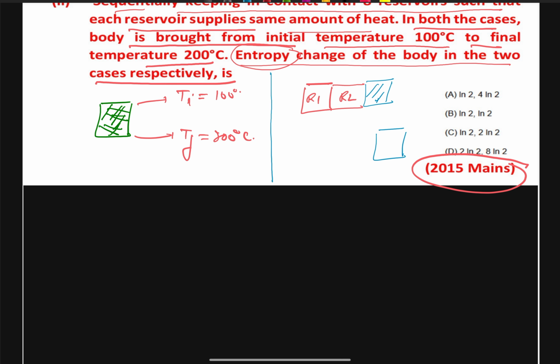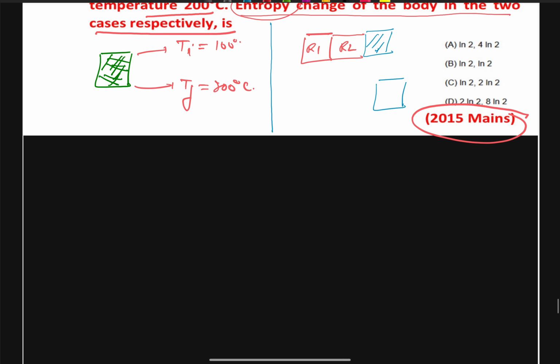In the second case, the same body, but now with 8 reservoirs. So this is reservoir 1, 2, 3, 4, 5, 6, 7 and 8, and the body is in contact with them.